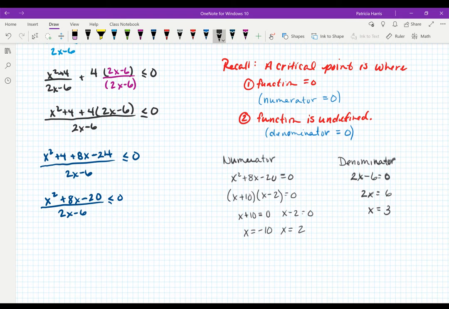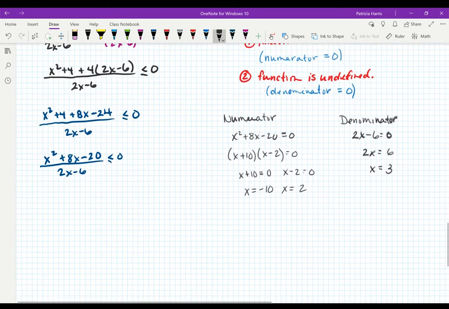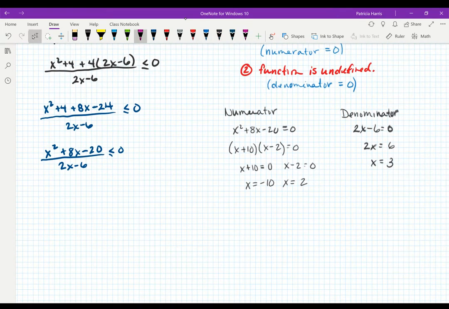Okay, so now when we plug into our number line, what I'm going to do is I'm going to use this particular version of my function because I think you'll find it's just a little bit easier to work with. You might also, okay, up to you, want to work with this version of your function.